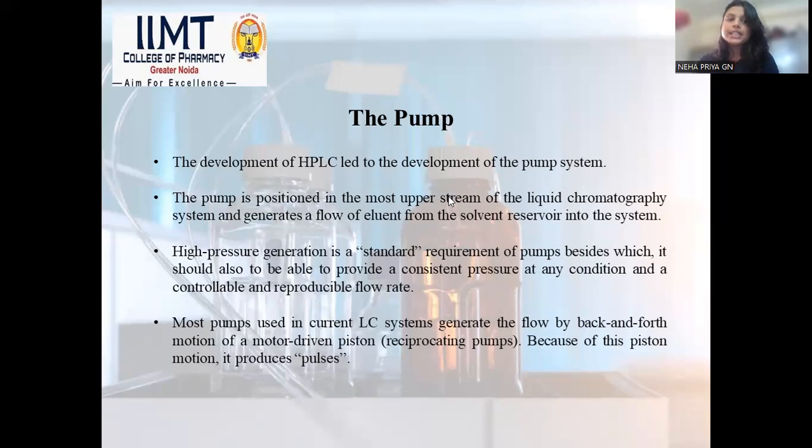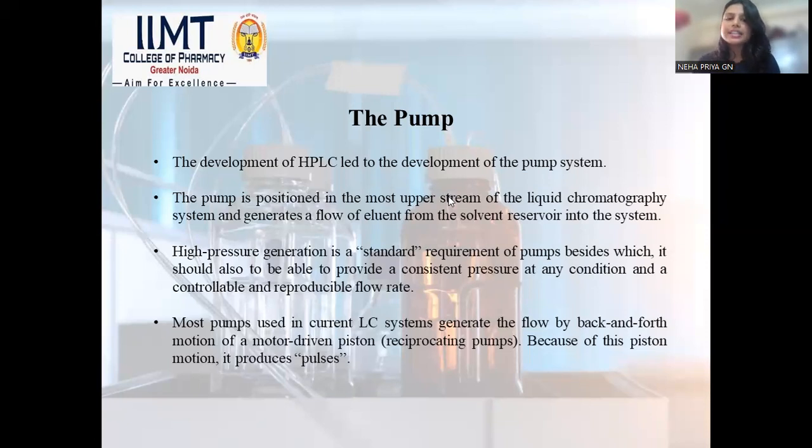Basically, the pump is positioned at the most upstream part of the liquid chromatography system and generates a flow of eluent from the solvent reservoir into the system. It makes the high pressure possible so that the mobile phase goes with the sample into the column. Thus, the separation is done precisely.